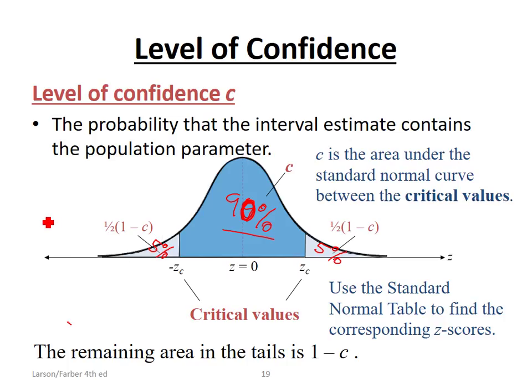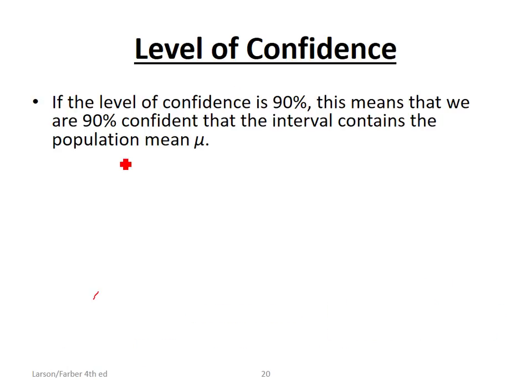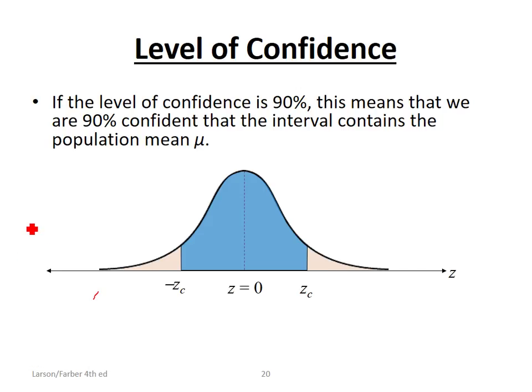If we were at 99%, then this would be 0.005, because we want to be 99% confident. The level of confidence is 90%, meaning 90% confident that the interval contains the population mean.